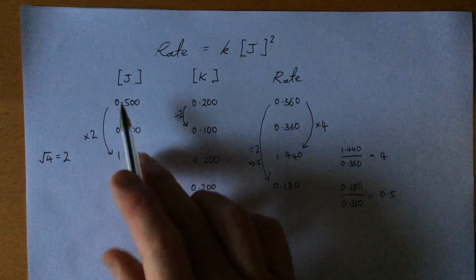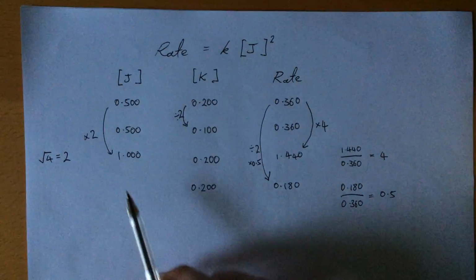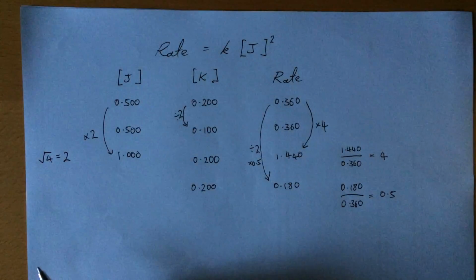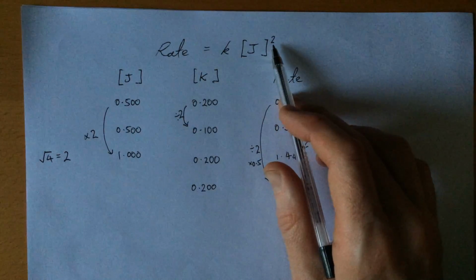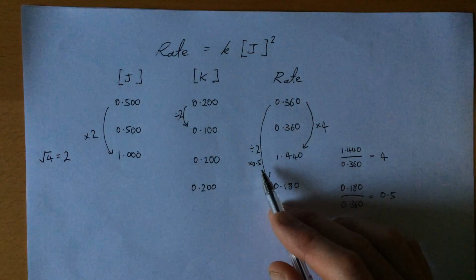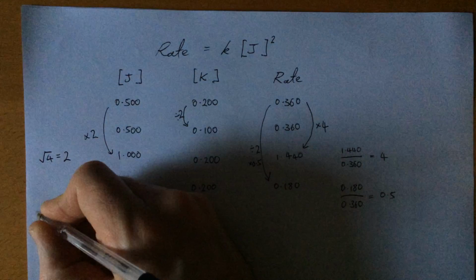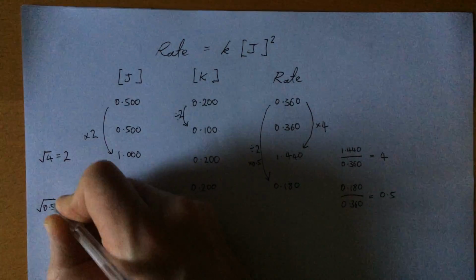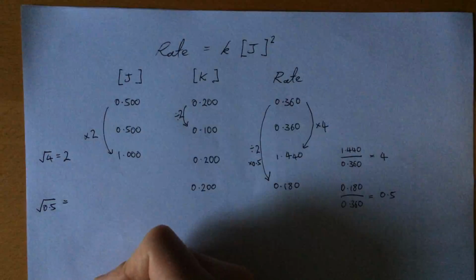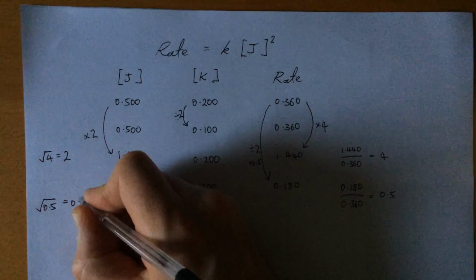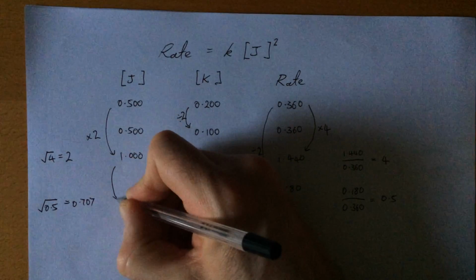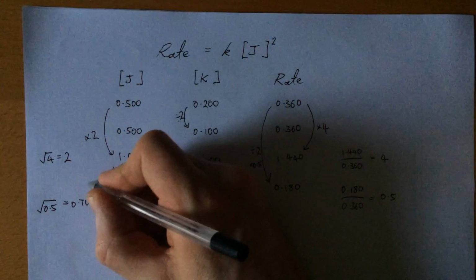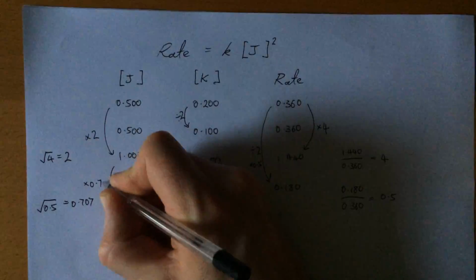So how has J changed? Well, the question we need to ask ourselves is, what factor raised to the power 2 gives 0.5? Or, what is the square root of 0.5? And the square root of 0.5 is 0.707. So this factor here must be multiplied by 0.707.